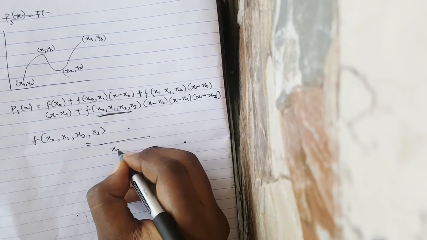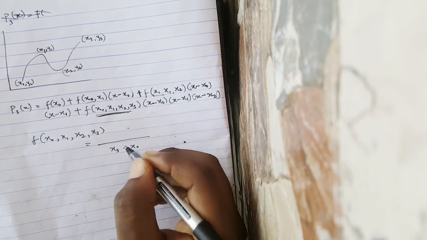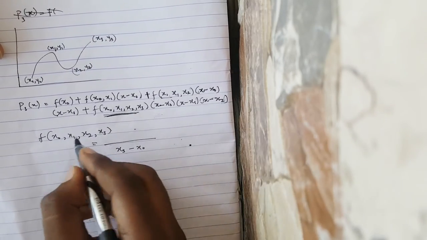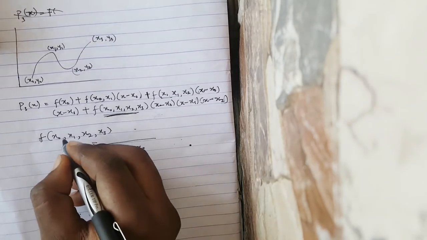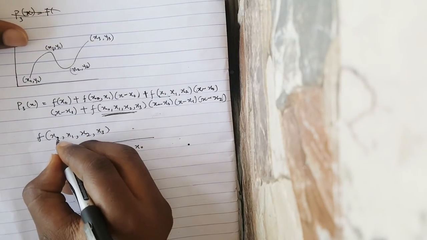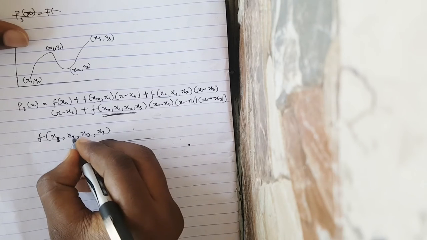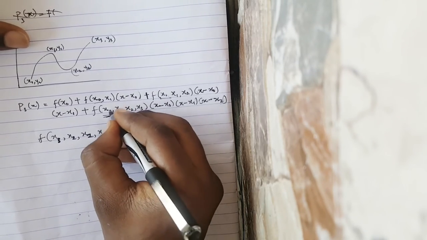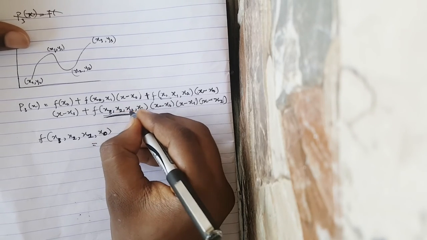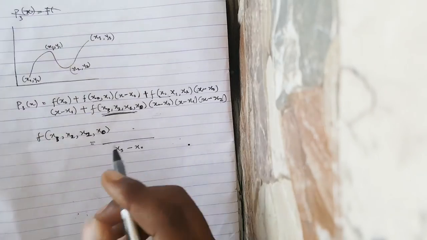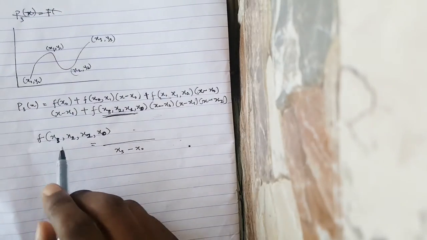So don't forget, your range is x3 minus x0. Sorry, for easy understanding, let it descend instead of ascend. What I mean is, this is x3, x2, x1 and x0. You can write it anyhow you want, depending on how you understand it, but for me, this makes it easier.